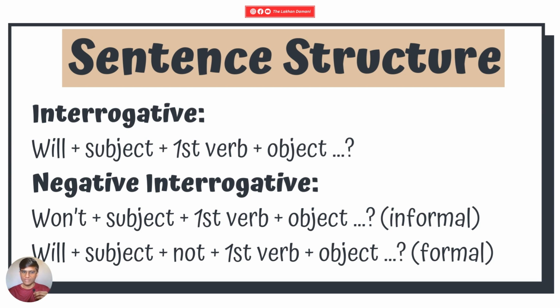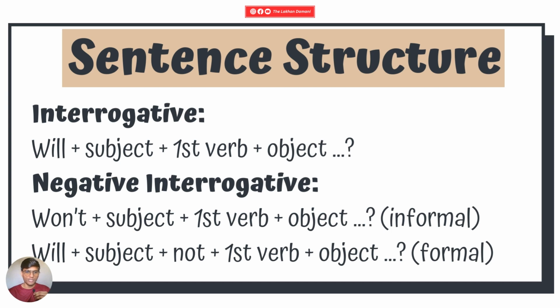Moving to the interrogative and negative interrogative, it's the same, you just have to add the subject after the helping verb: will, subject, first form, and object. The last two are really important. When you talk about the negative interrogative, it's a really interesting part to understand because some forms are informal and some are formal, and I have already repeated this many times in my previous lessons.